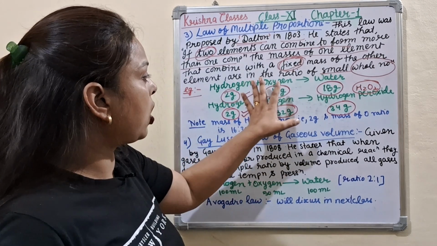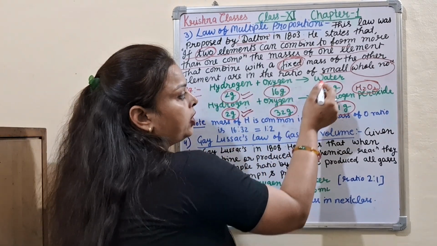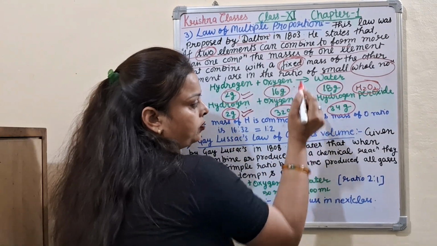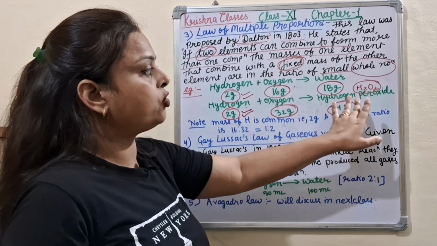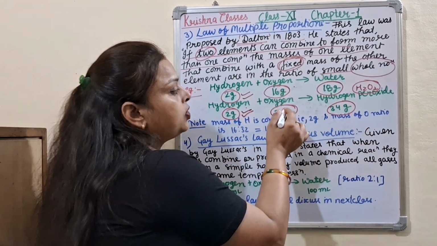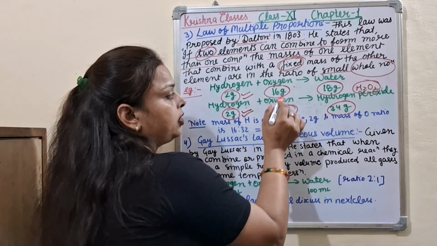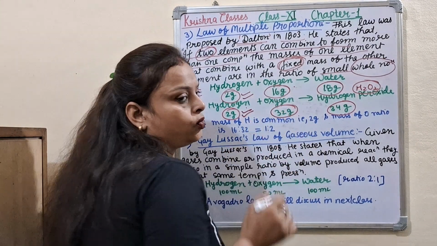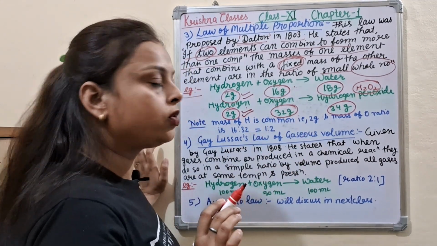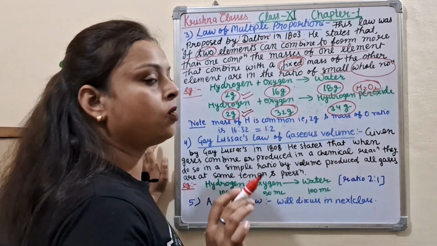And oxygen is 16 gram when water forms, and in the second, when hydrogen peroxide forms, 32 gram. It means its ratio is 16:32, which means 1:2. That is a whole number.